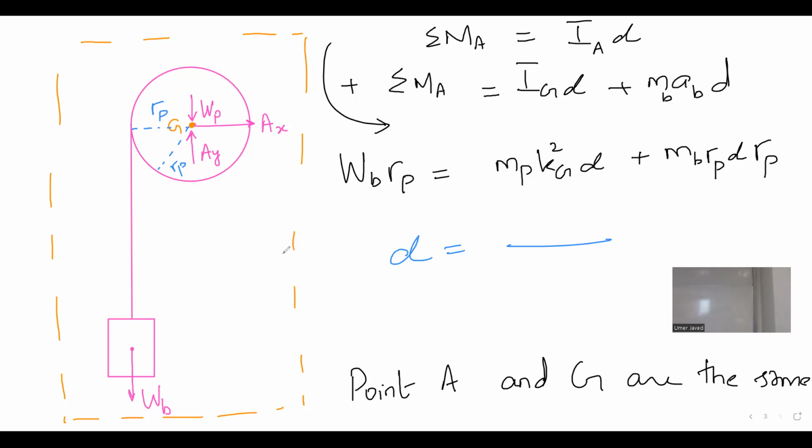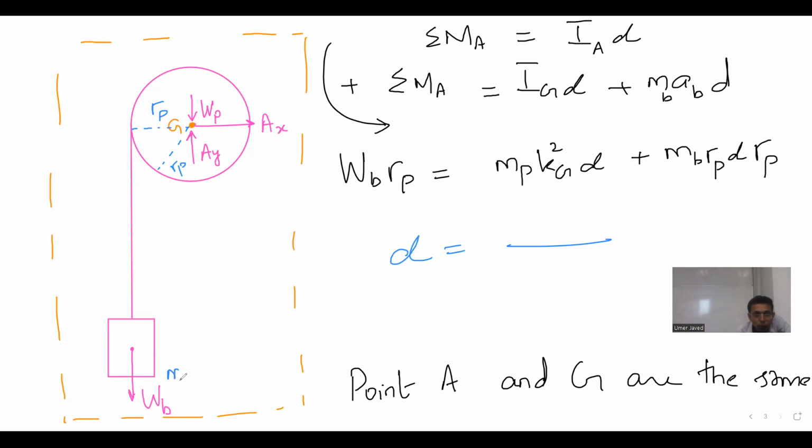Previously, you have summation of moment about A is equal to IA alpha, but in the next line, when I wrote summation of moment about point A, look at the right hand side. I did not write IA alpha. Now I said it is equal to IG alpha, then definitely I have to add something. Why are we putting MB times AB? This is the mass of the block, MB.